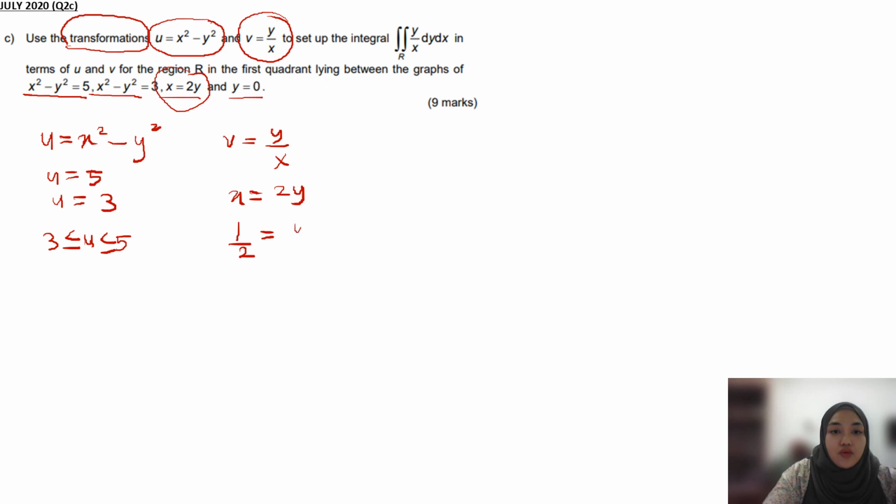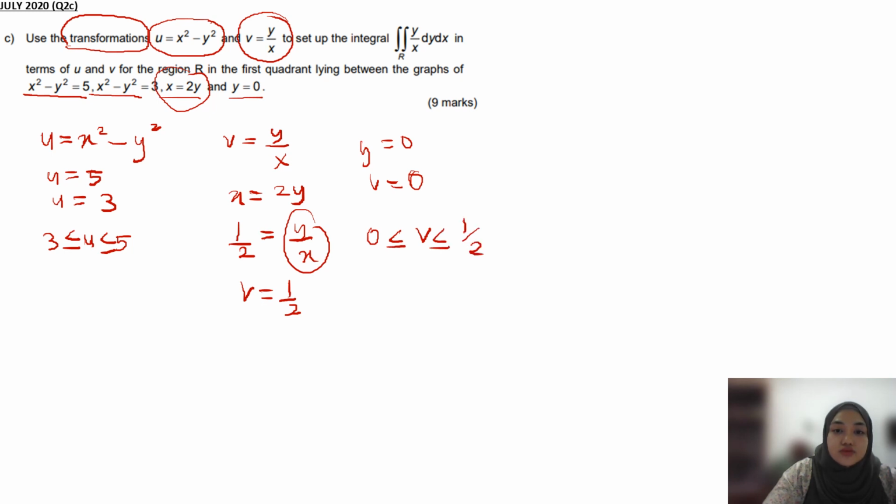Okay, y over x. So this one is v. So v equals 1 over 2, and this one y equals 0. We let y equals 0, so v equals 0. So our interval for v is between 0 until 1 over 2.